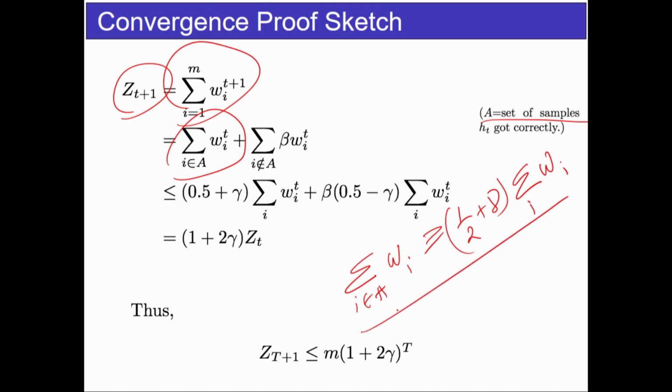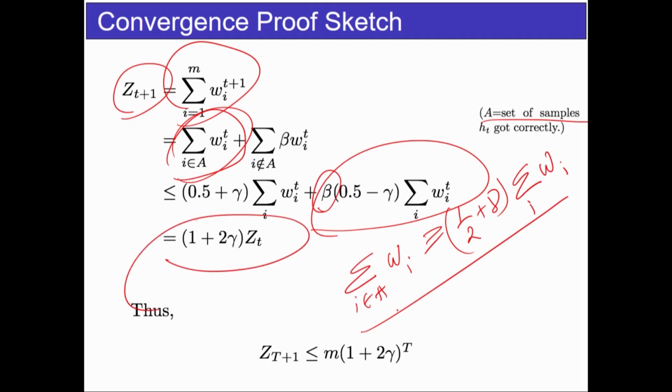So I can use that. If I use that, this is greater than or equal to (0.5 plus gamma) times w_i^t, and the other term is (0.5 minus gamma) times w_i^t. Here is where your beta of (0.5 plus gamma) by (0.5 minus gamma) comes into play. Because now beta is (0.5 plus gamma) by (0.5 minus gamma), the 0.5 minus gamma cancels out, and you can take 0.5 plus gamma outside, and you get (1 plus 2 gamma) Z_t.